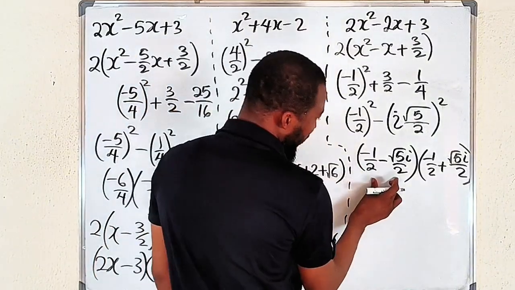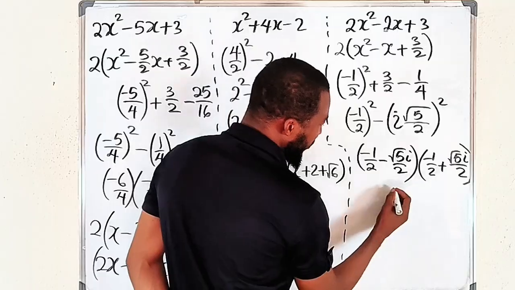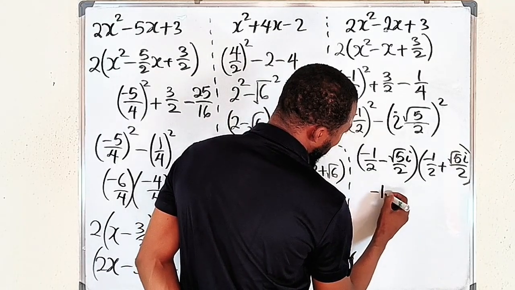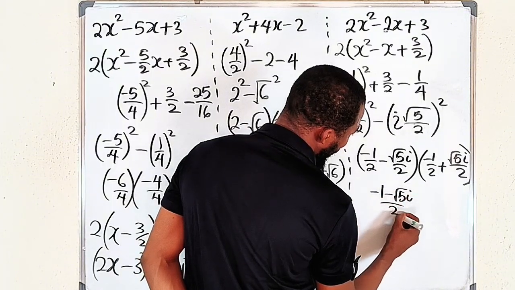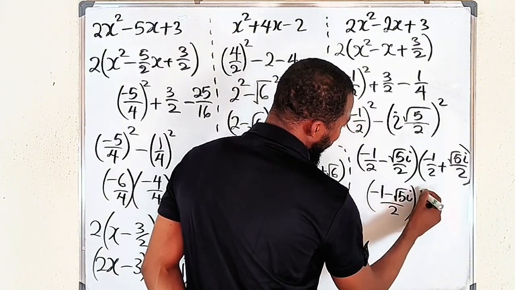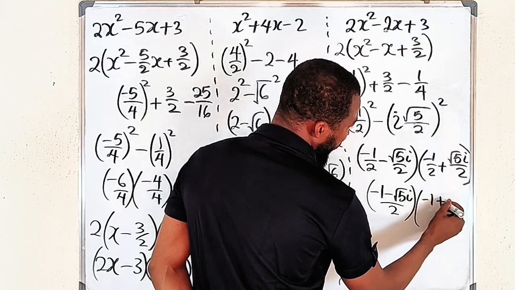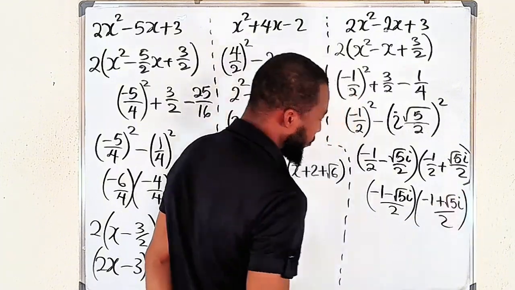But let me simplify this. What do you see here? Because we have the same denominators, I can write this one as minus 1 minus root 5i divided by 2 times, do the same thing here, minus 1 plus root 5i divided by 2.